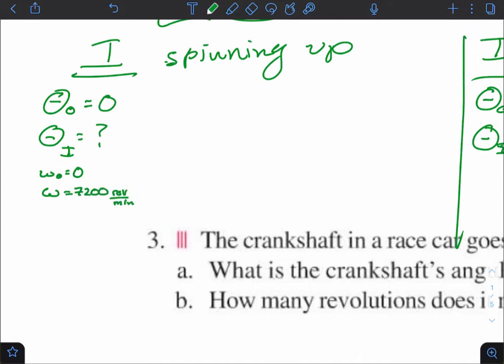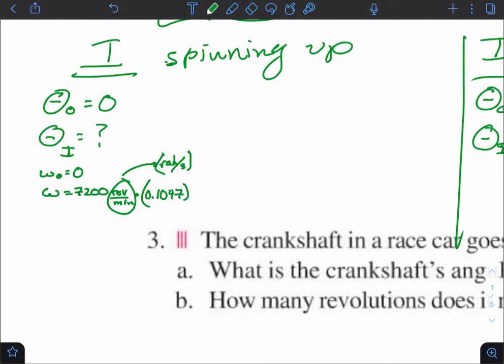And if you want help converting these units, I would go back to the previous set because I did show you how to do that in the second or third question. But basically, you multiply by 6.28 and then divide by 60. Or, if you know you're going from revolutions per minute to radians per second, because that shows up so frequently, multiply it by 104.7.